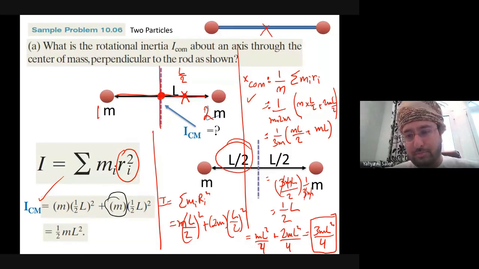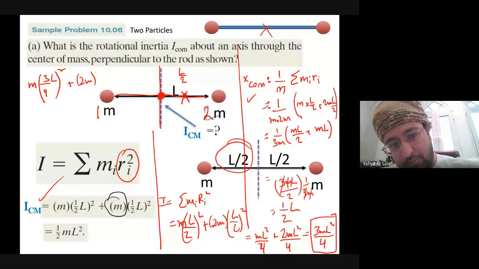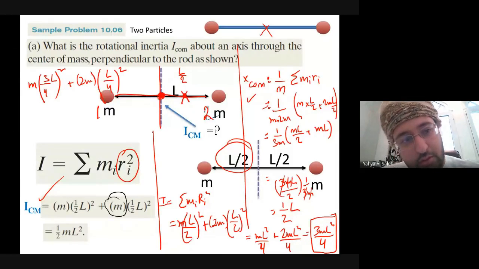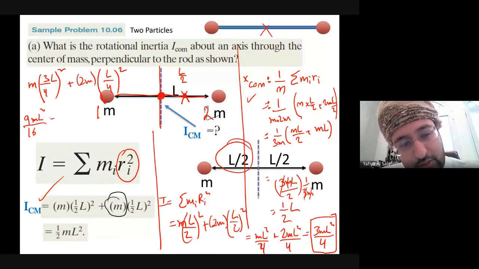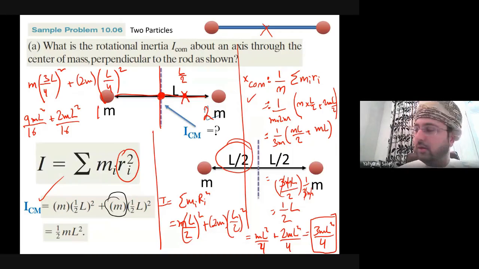Let me try it out. 3 over 4 L all squared plus 2m L over 4 squared. So this will give me 9mL squared over 16 plus 2mL squared over 16. 9 plus 2 is 11 over 16.